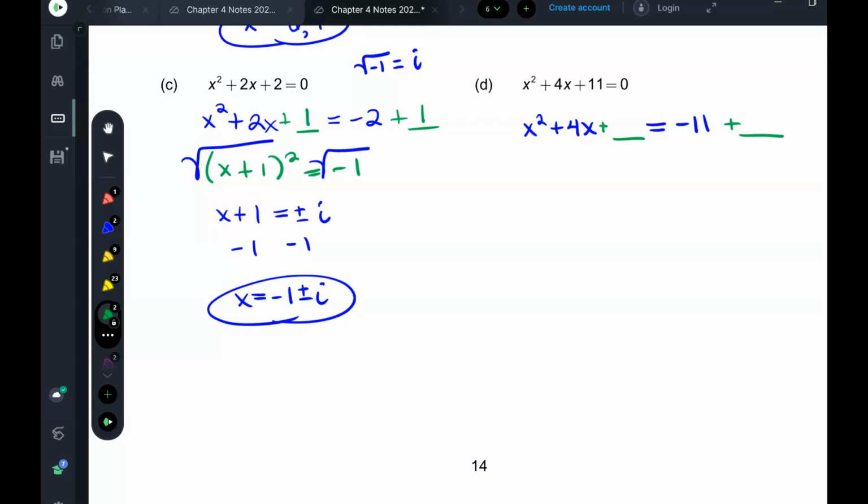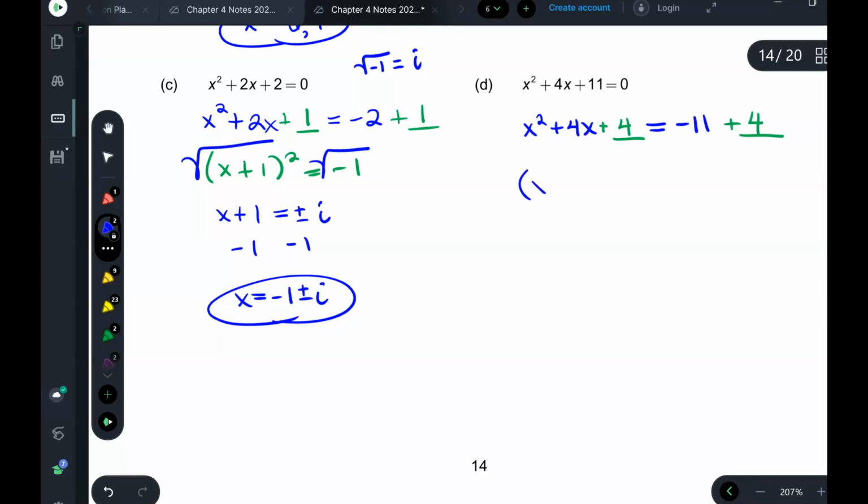Divided by 2 squared is 4. So whatever we add to the one side, we have to add to the other. So you do x plus 2 squared, because remember, we need to make sure that this squared is that last term.